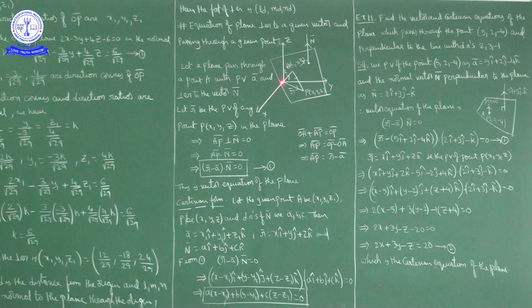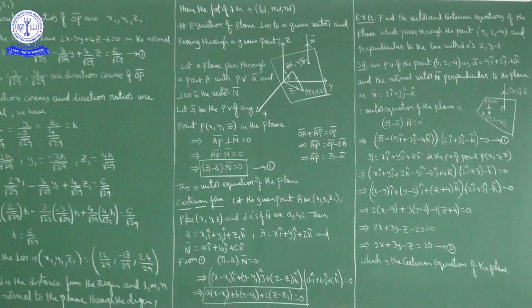Now what do we have here? OA bar is A bar, OP bar is R bar. By the triangle law of vector addition, OA bar plus AP bar is equal to OP bar. So AP bar is equal to OP bar minus OA bar, nothing but AP bar is equal to R bar minus A bar. This is one thing.